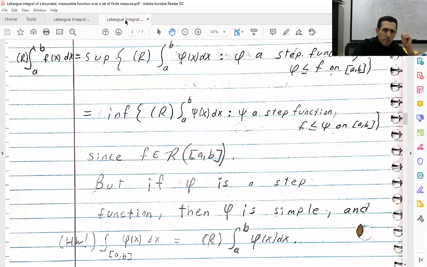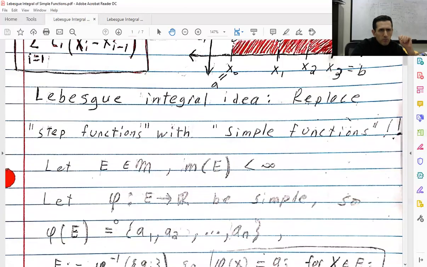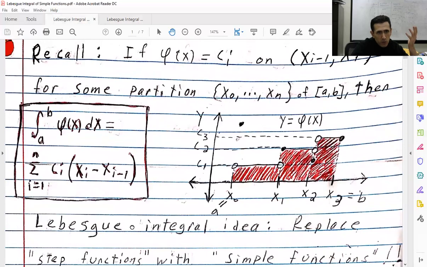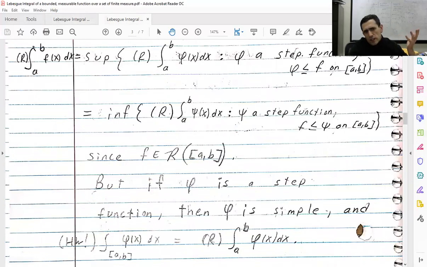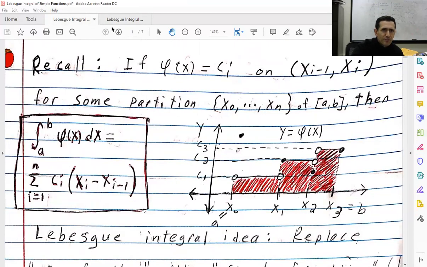So I claim that Lebesgue integral is going to be the same as the Riemann integral that we computed in previous videos. It's right here. And this is very easy. The easiest way to do this is write phi in its canonical decomposition and just check that when you use the definition of the Lebesgue integral, you get exactly this here.